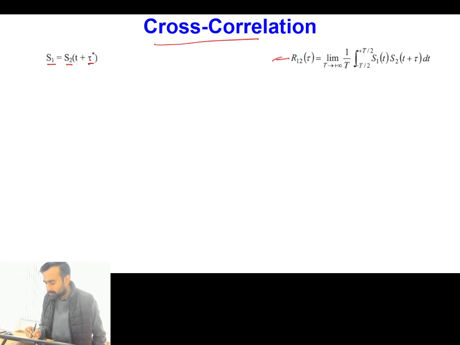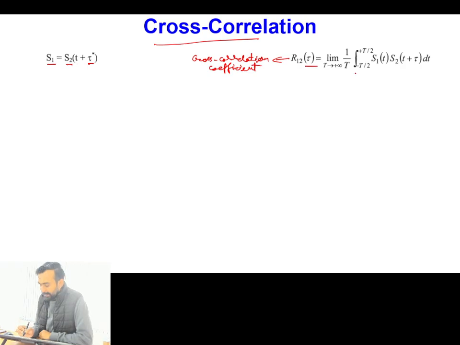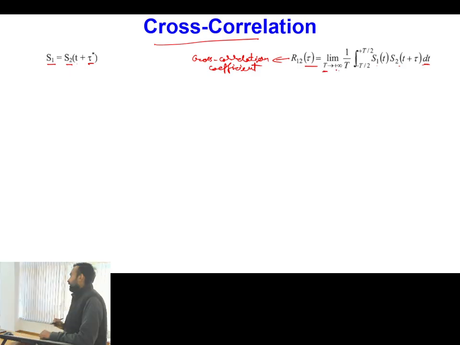We define this cross correlation coefficient, R12 of tau, which is the integral of S1(t) into S2(t plus tau) from minus T by 2 to plus T by 2, with the limit T approaching infinity.